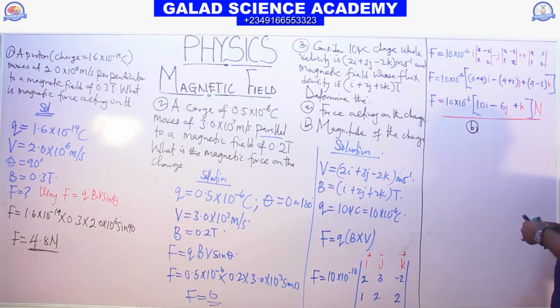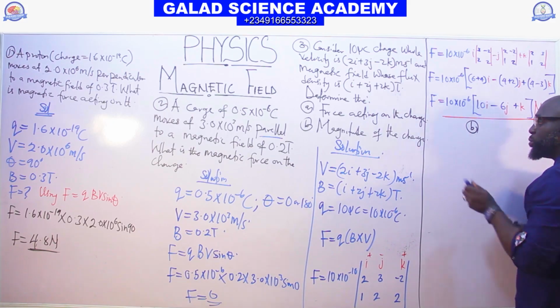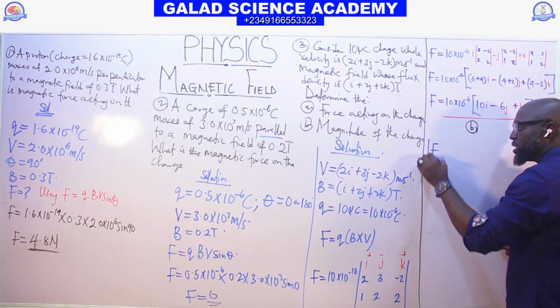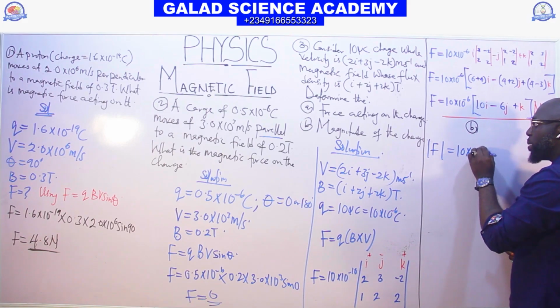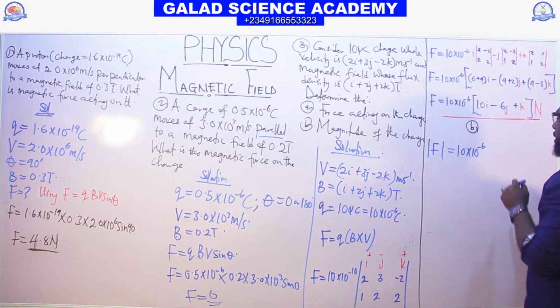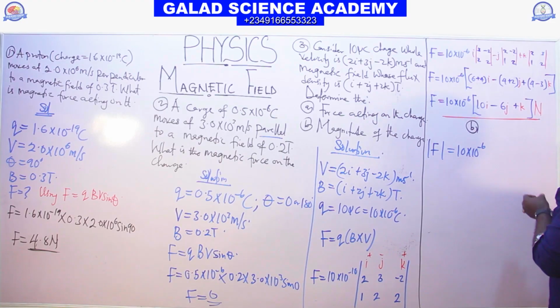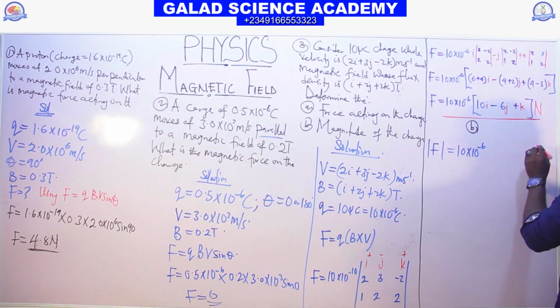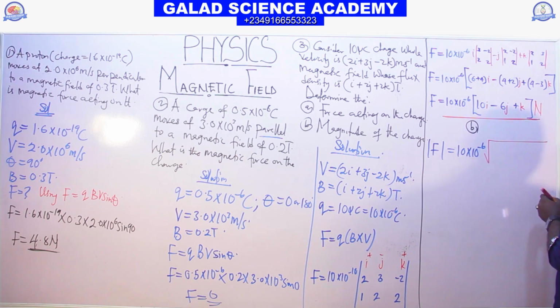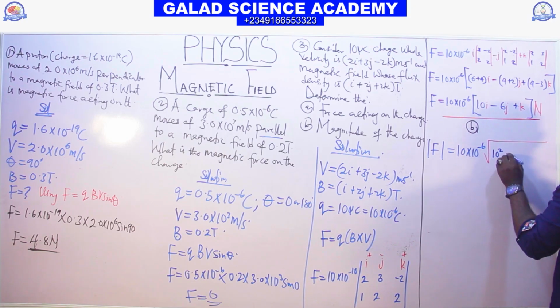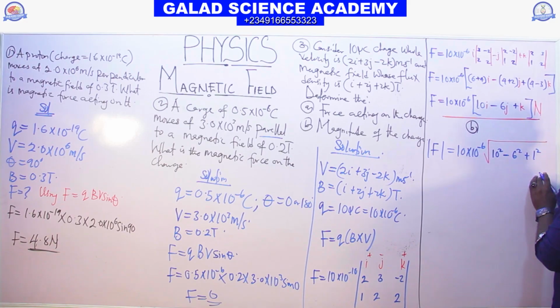The magnitude is very simple. The magnitude of the force will be 10 to the power minus 6 times the square root of this value here. Let's square them: 10 squared, minus 6 squared, plus 1 squared.